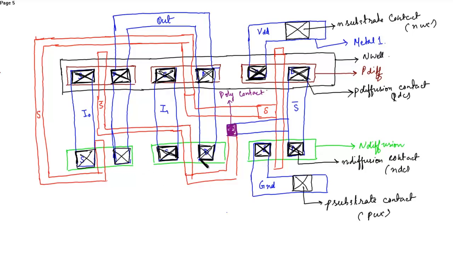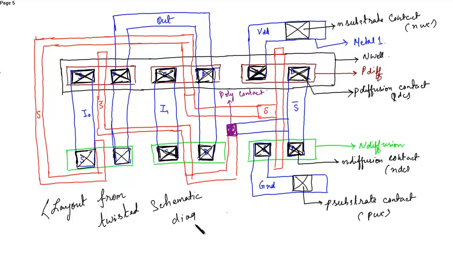N diffusion contact. This is the whole layout of a 2:1 mux from the twisted schematic diagram.